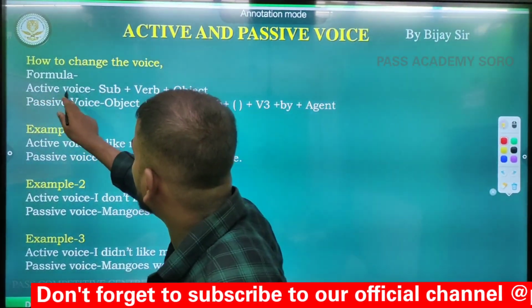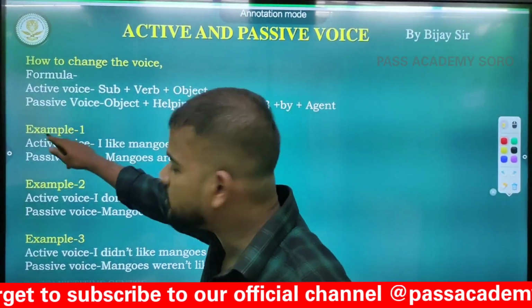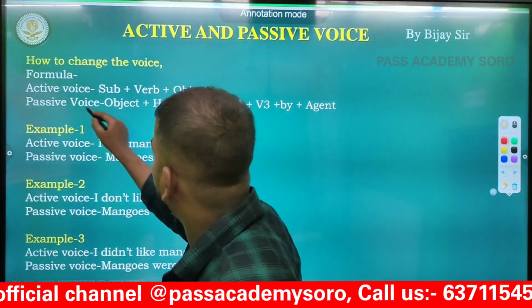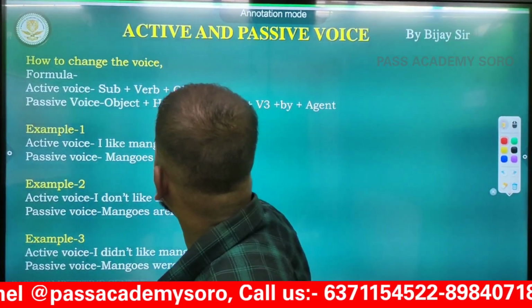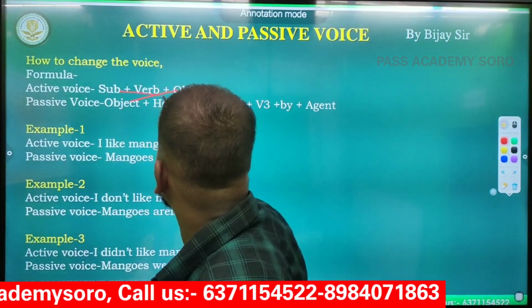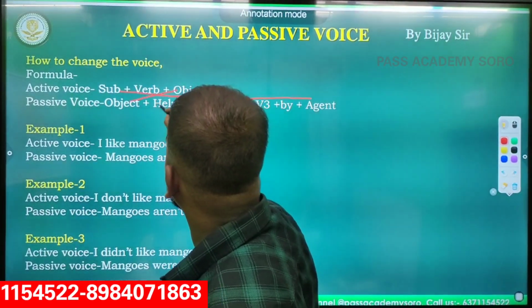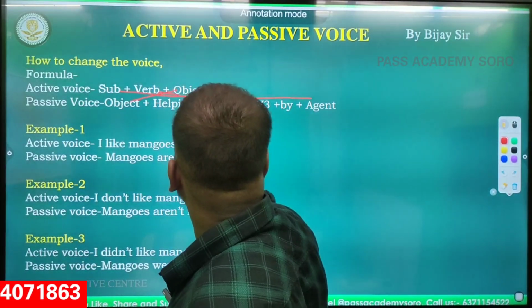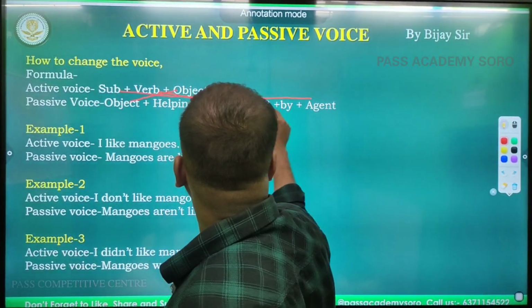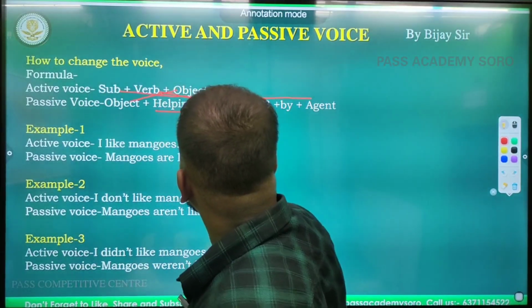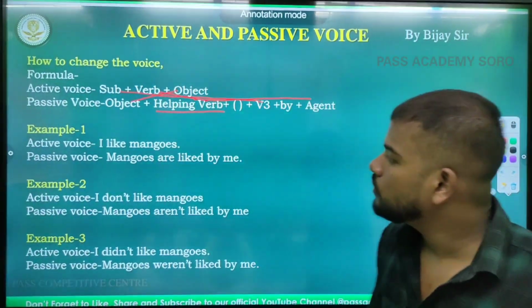The structure of active voice is subject plus verb plus object, and in passive voice the object becomes the subject, the subject becomes the object, and we use the V3 form of the main verb and the helping verb.